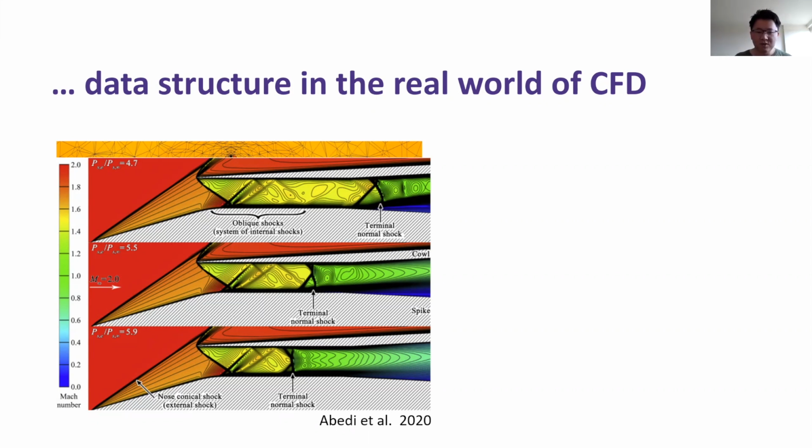Of course, right now it's very easy to go beyond millions of cells, especially in 3D. So there's absolutely no way you can use a convolutional autoencoder framework for 3D realistic CFD simulations.